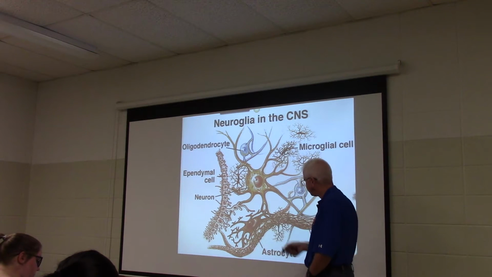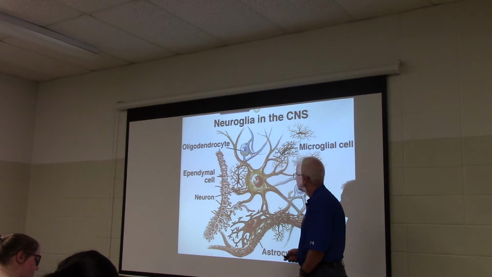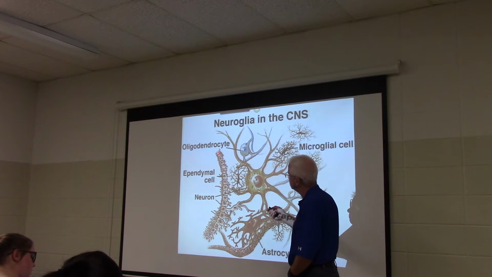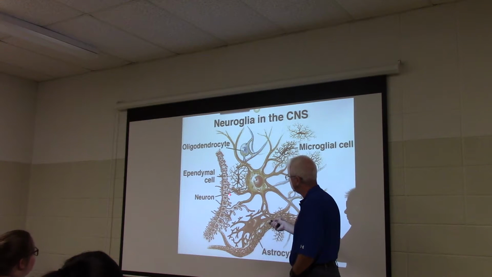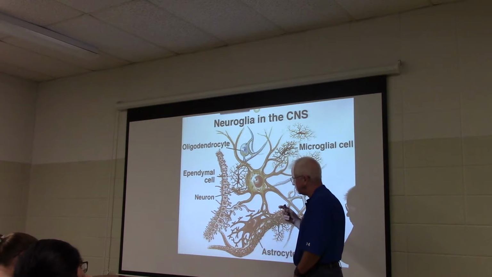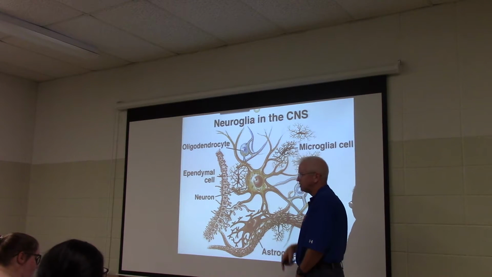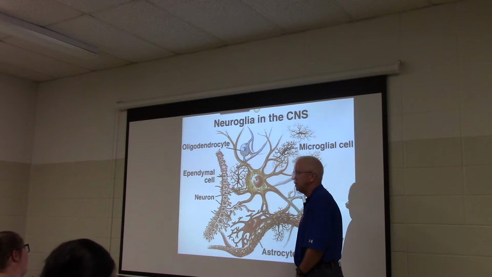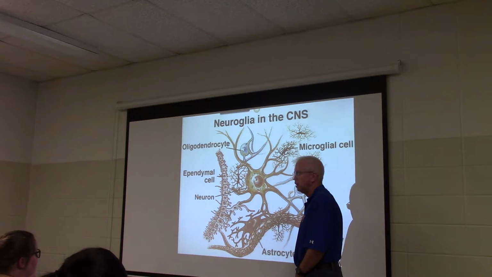Here's another one in this picture called an ependymal cell. Ependymal cells are ciliated. You can see the little cilia extensions off of the ependymal cells here. If I had pointed this out to you without telling you anything else, what would you guess about what ependymal cells are capable of doing?